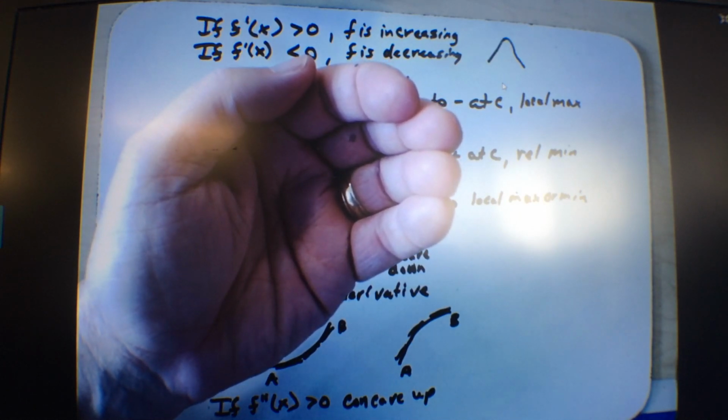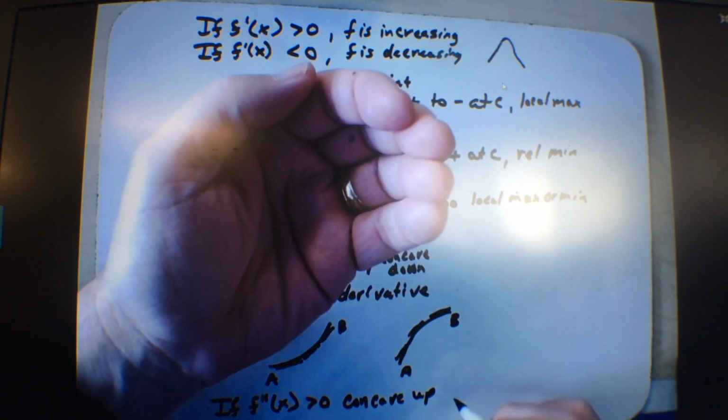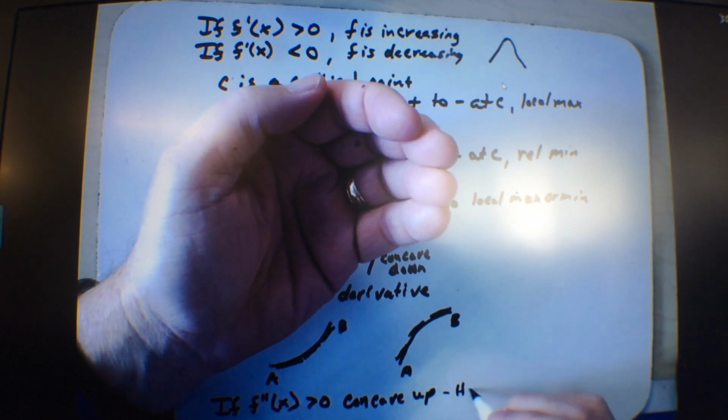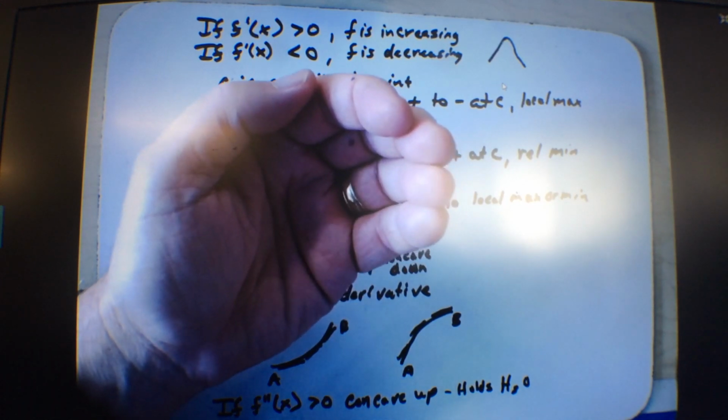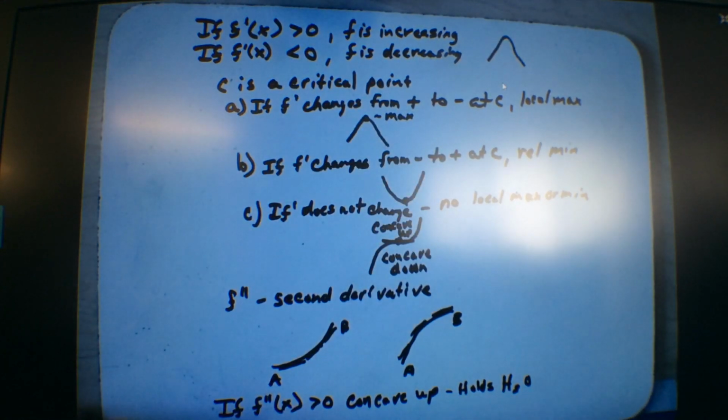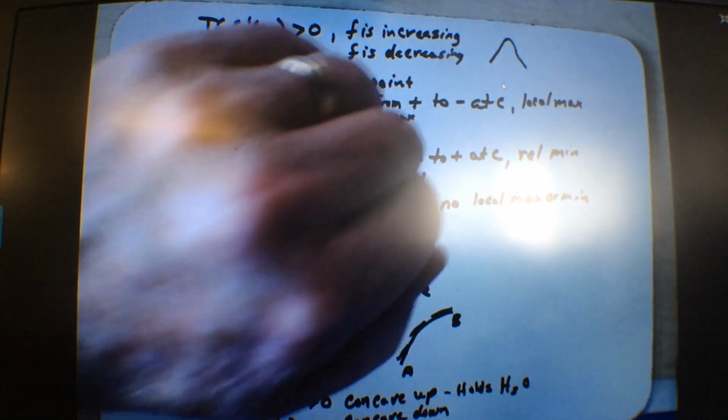It holds water, and that's positive. That's how I remember. Holds H2O. Put some little science in there. It holds water, right? If your double derivative of x is less than 0, it's concave down. That's negative. You can't hold water. Okay? So it looks like this.